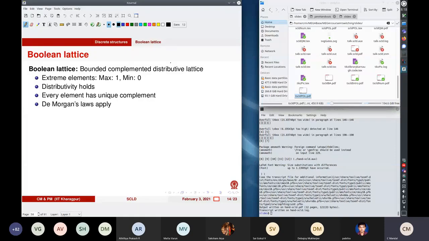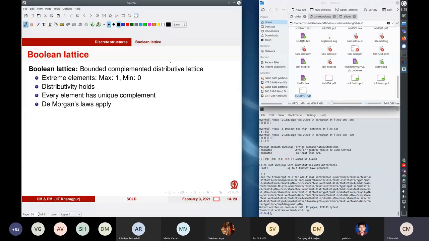So very well behaved lattices actually. Because they are bounded, they'll have extreme elements. So the max may be called one, and the min may be called zero.